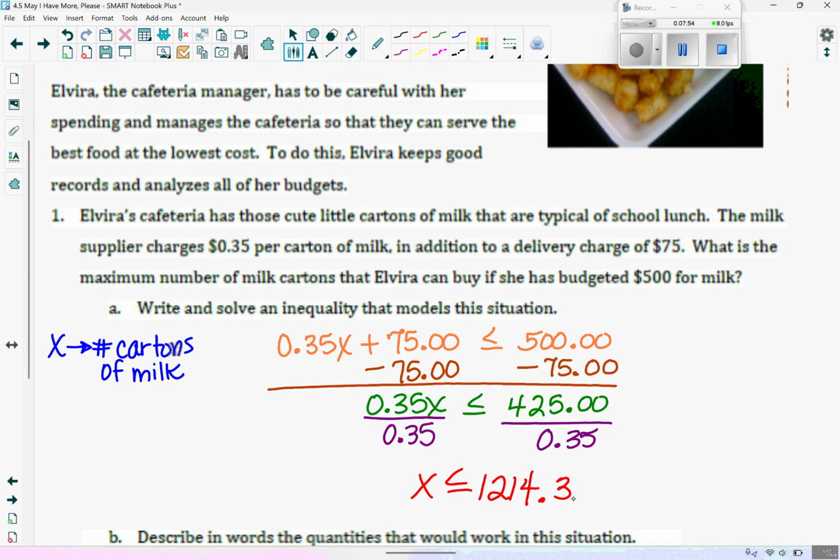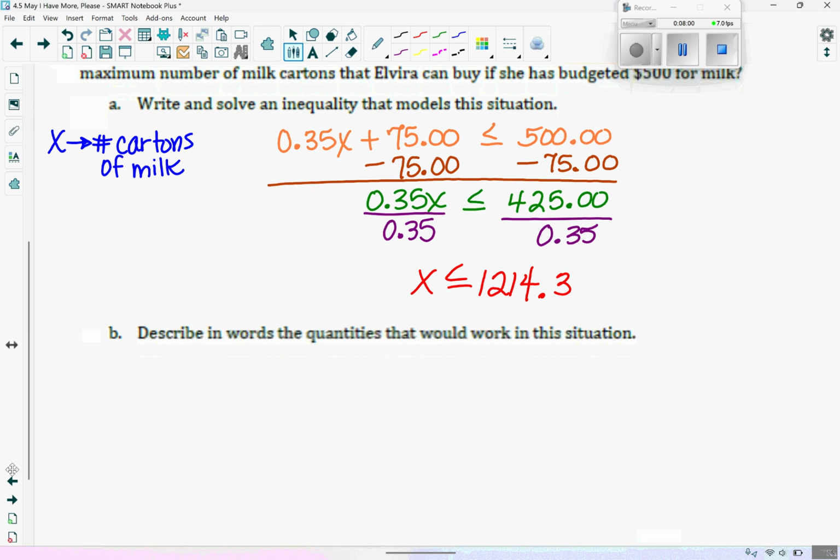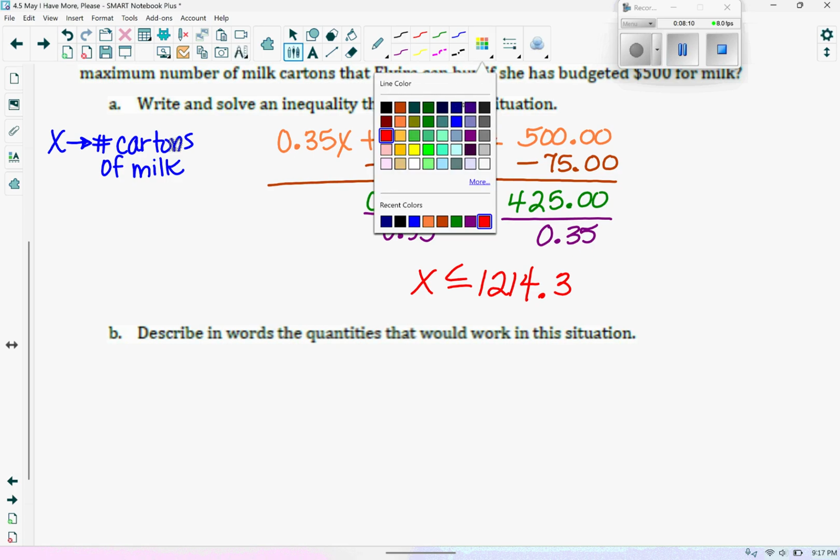Now, I want you to think about the context of the problem, okay? I want you to think about the context of the problem because it says describe in words the quantities that would work in this situation. Well, she could just decide that she really doesn't need to buy any, right?